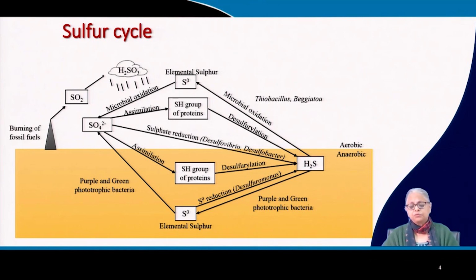The most reduced form of sulfur is hydrogen sulfide, H2S. It then gets converted to elemental sulfur in both oxic as well as anoxic environments. This elemental sulfur is further oxidized to sulfate. So H2SO4, which is familiar to all of you, is one form of sulfate, but there are several other forms.